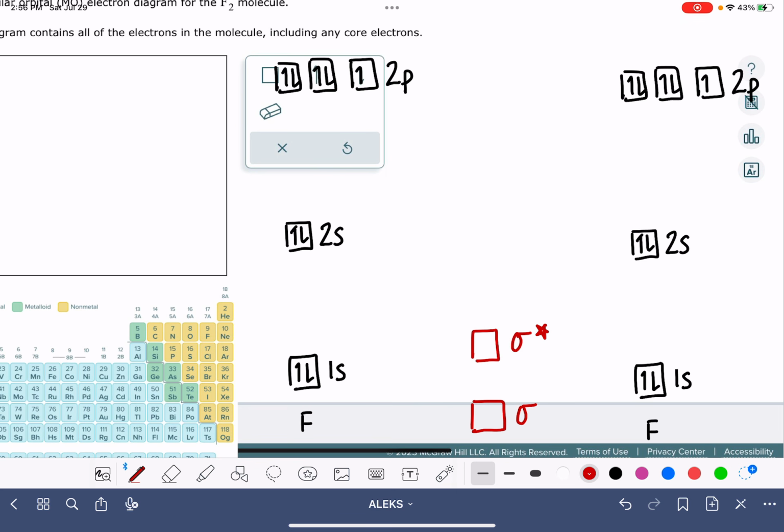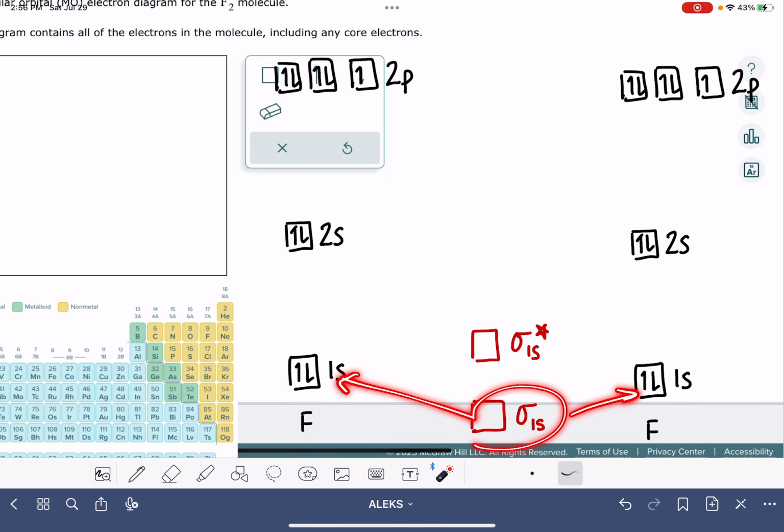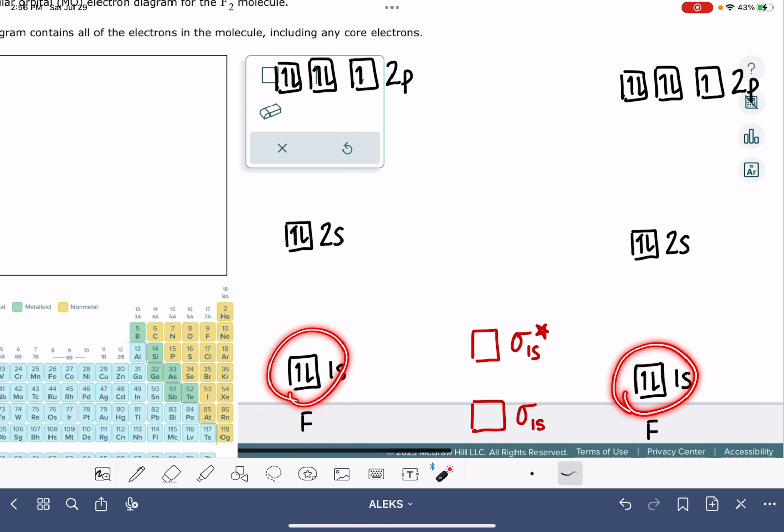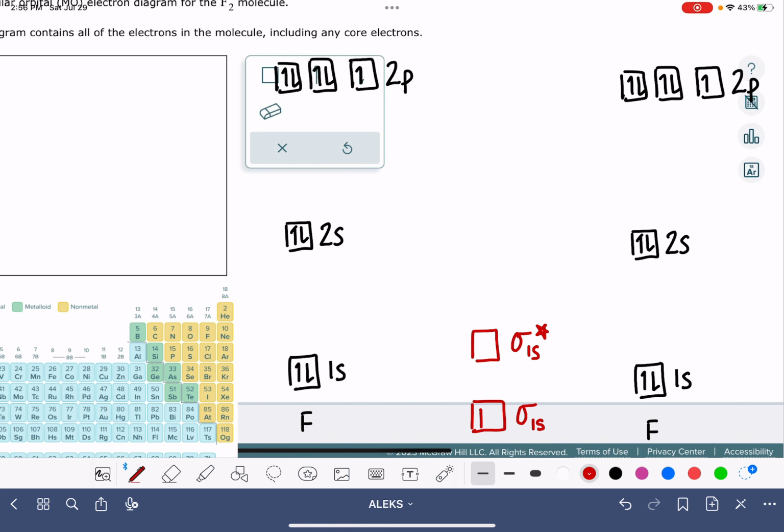The higher energy one is a sigma star, an anti-bonding orbital, and these are going to get the subscript 1s because these sigma orbitals are coming from 1s atomic orbitals. There are a total of 4 electrons in the respective 1s orbitals, which means there are going to be a total of 4 electrons in these sigma 1s and sigma star 1s orbitals.